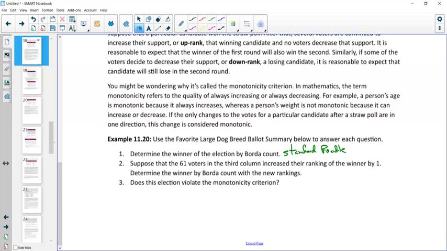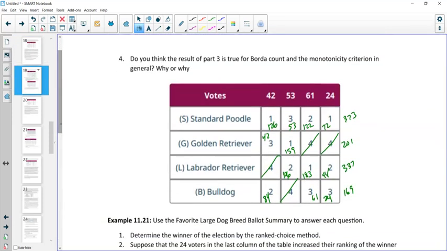Suppose that the 61 voters in the third column increase their ranking of the winner by 1. Determine the winner by Borda count with the new rankings. And that's this one here. Increase this from 2 to 1, so this would be 183.